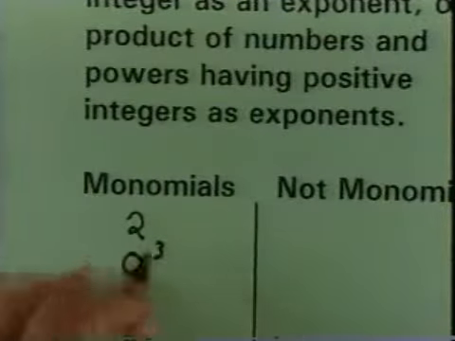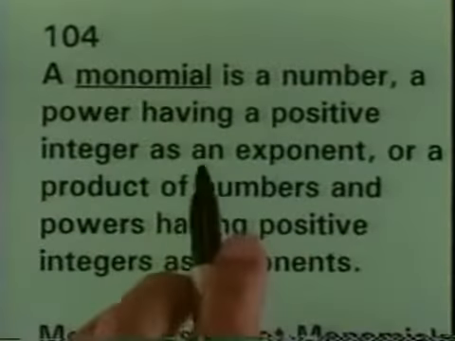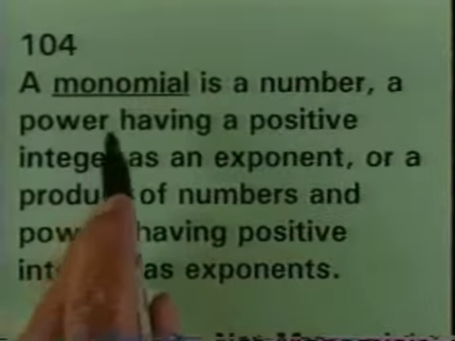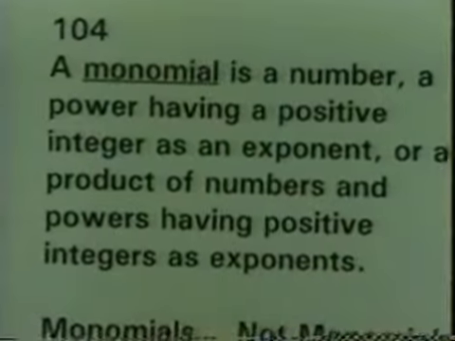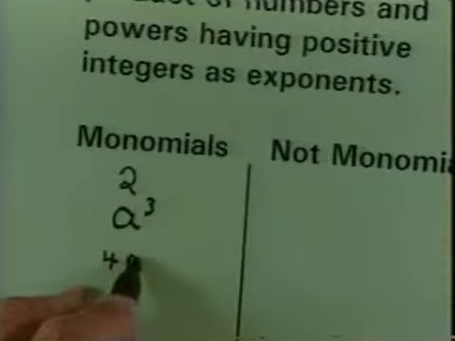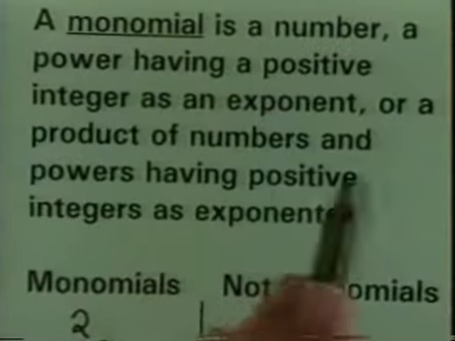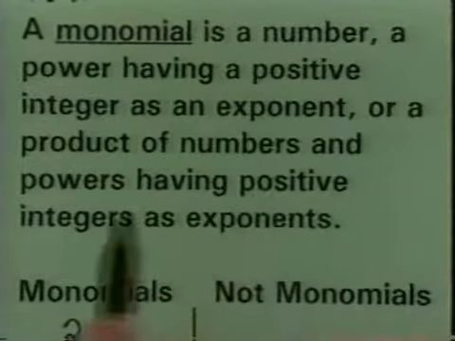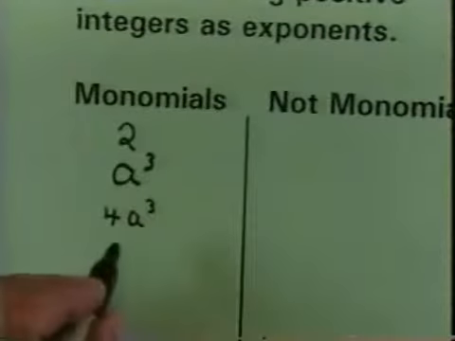A cubed is a monomial because a cubed is a power having a positive integer as an exponent. 4a cubed is a monomial because we have a product of numbers and powers having positive integers as exponents. So 4 is a number and it's the product of numbers and powers having positive integers.